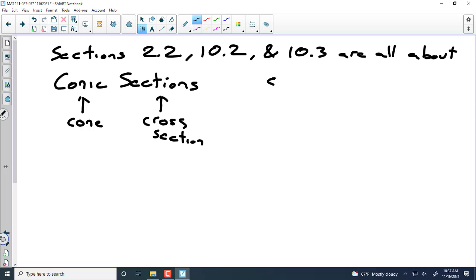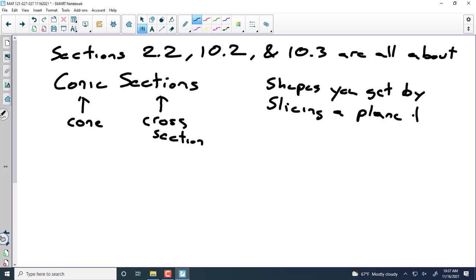So in other words, shapes you get by slicing a plane through a cone. So what we do is we take a cone, and we've seen cones before.